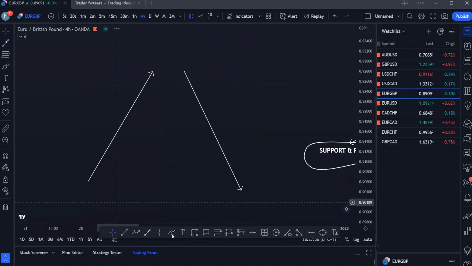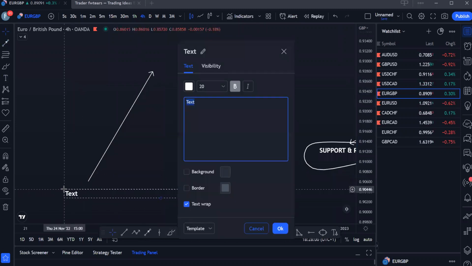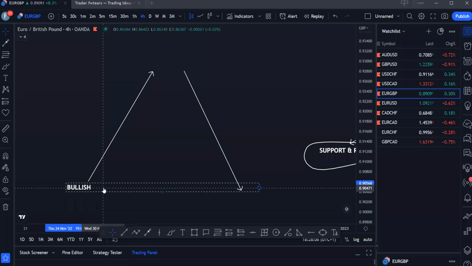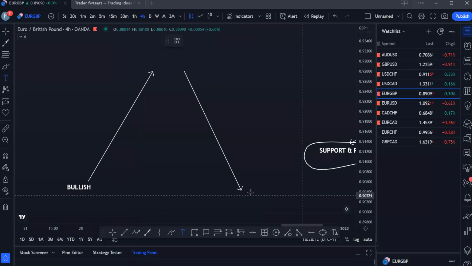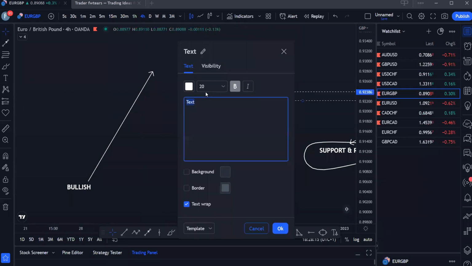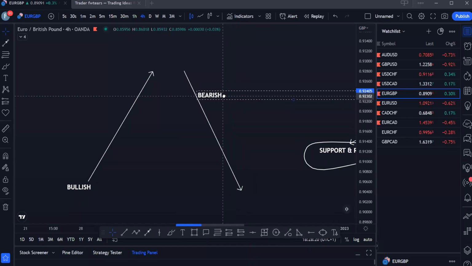So we have a bullish move or a bullish environment. When the market is going up, we say the price is bullish. When it is going down, we say the market is bearish. That's how the market operates: either price is going up or price is going down.